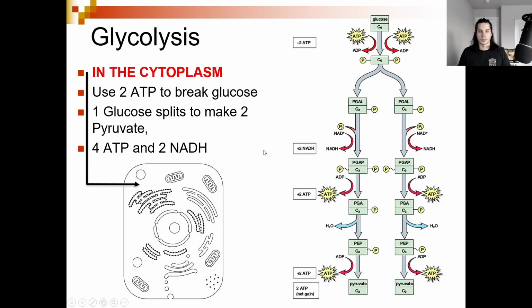Now, when we look here, one of the rate limiting factors of glycolysis is actually NAD+. If you have no NAD+, glycolysis stops. So NAD+ is required for it.